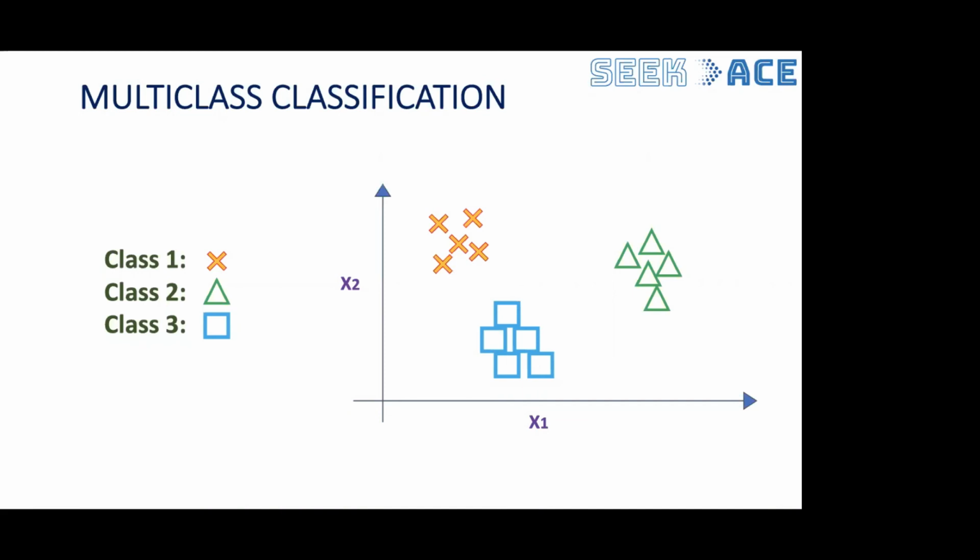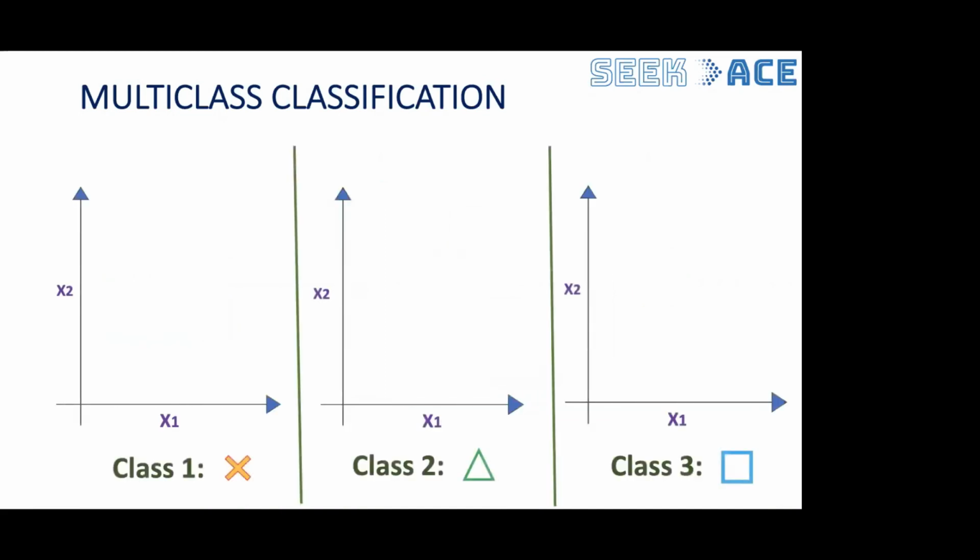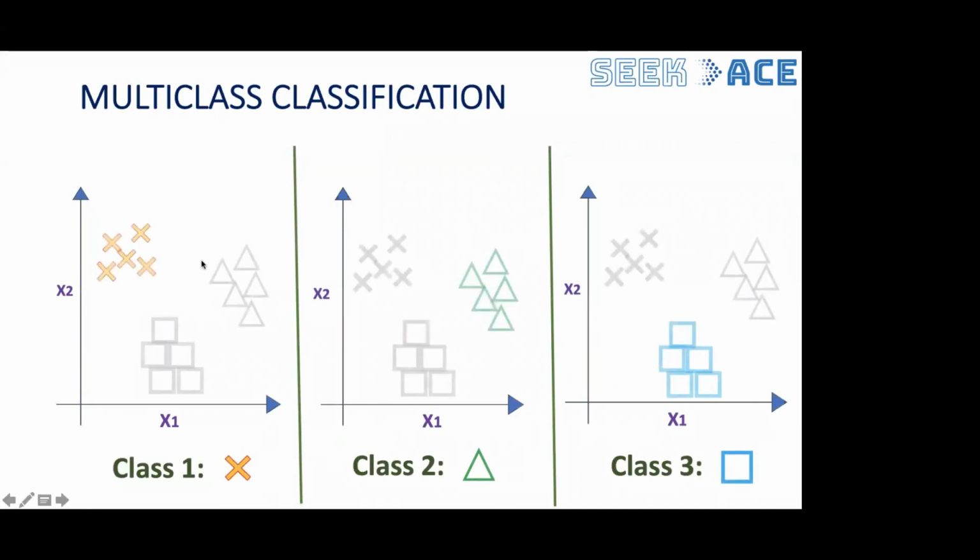What you will do is, first we want to predict this class, and we will club the other two classes into one. So basically, we are solving binary classification. We will apply binary classification to this, and then to this, and then to this one.